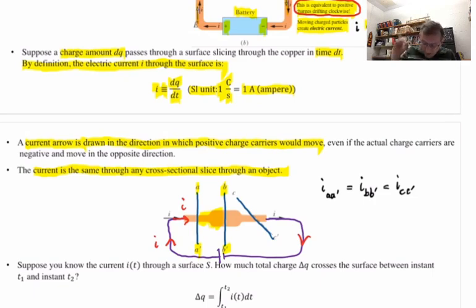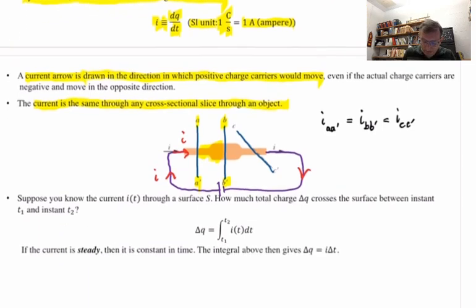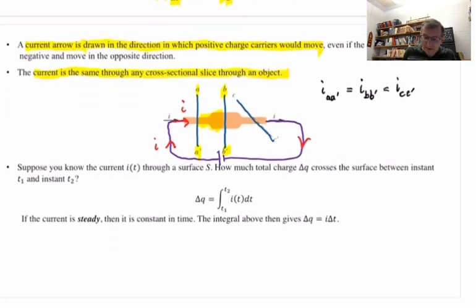Now let's take the definition of current, I, as dq over dt, and turn it around a little bit, because sometimes we'll get this question. The definition of current says, measure the charge dq that passes through a chosen surface in an amount of time dt, and I is then dq over dt. Well, let's suppose we already know the current I. Maybe somebody's already measured it for us and is telling us.